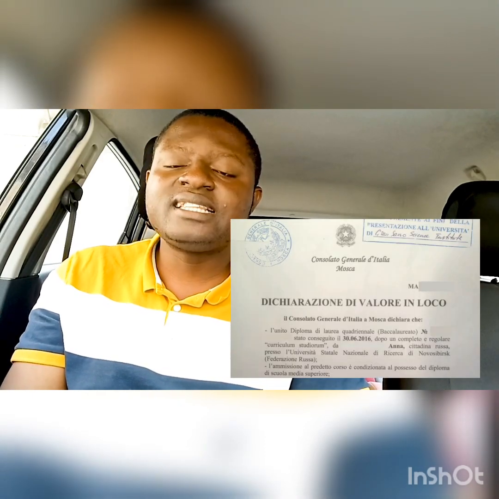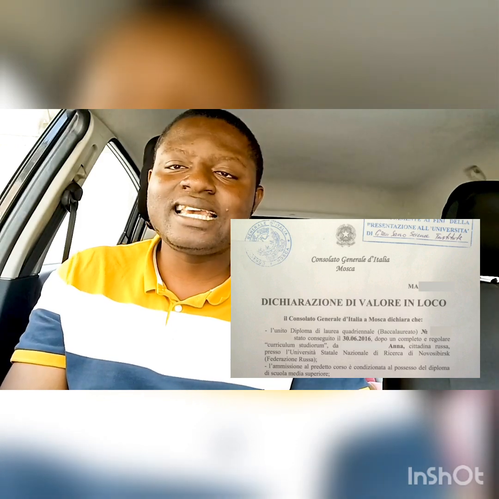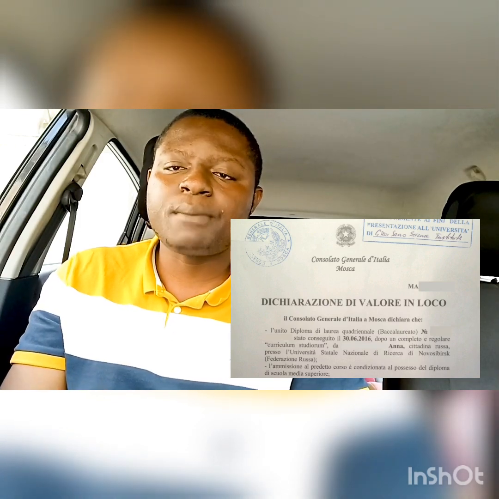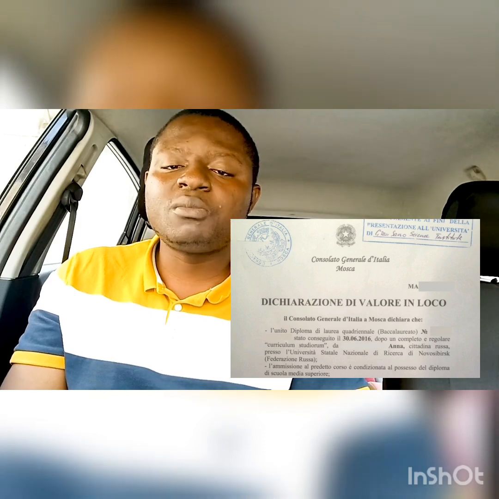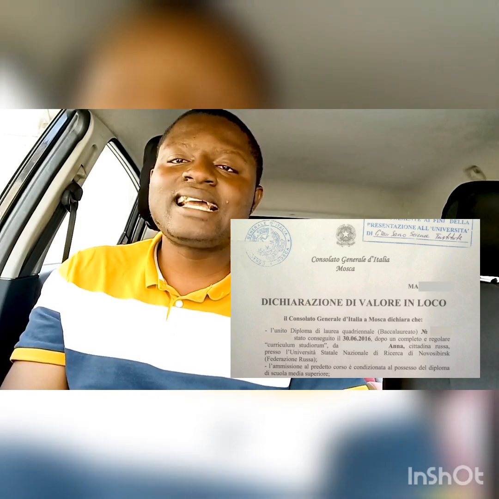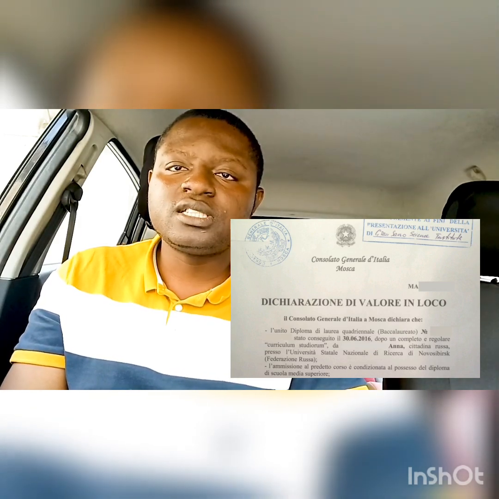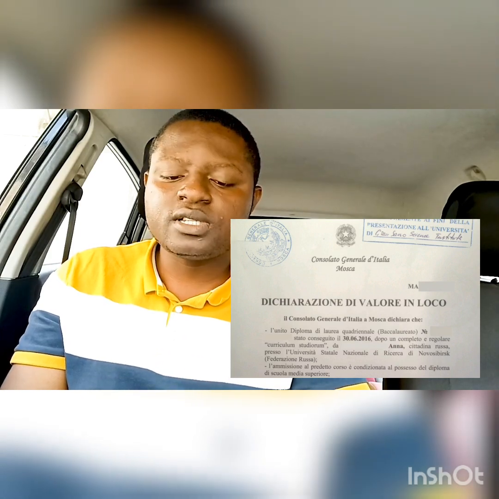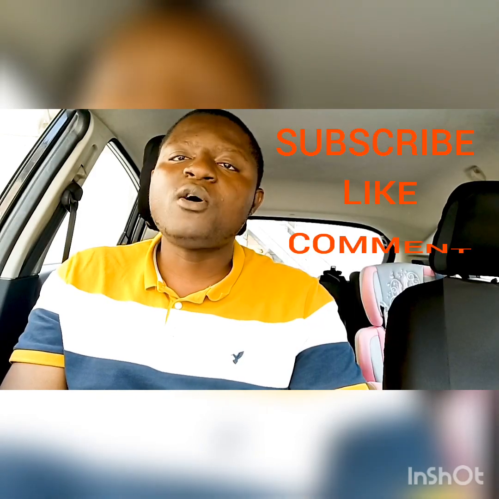When you go for your collection, make sure you have the declaration of value, Dichiarazione di Valore, written on top of that particular paper. It means your documents are okay and have been legalized and can be used for study, for enrollment when you get to Italy. And then after that, you can book your visa appointment.